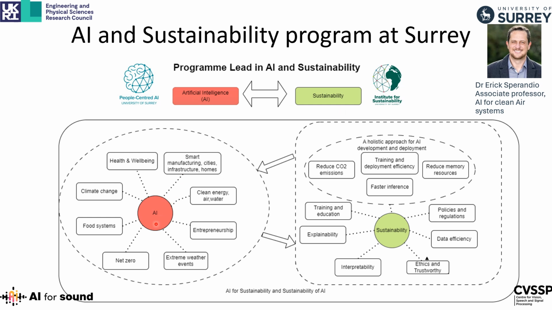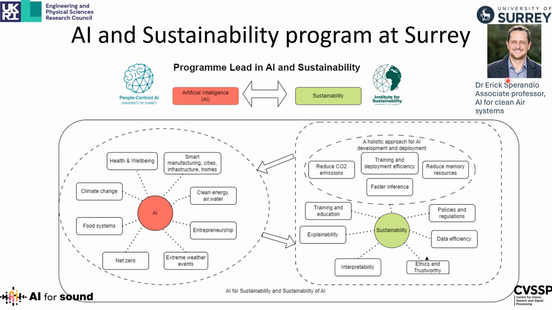For example, AI can be used for sustainable applications, AI for net zero, AI for food systems, AI for climate change. But at the same time, it's important to consider the sustainability issues of AI models as well, which are energy consumption, trustworthiness, explainability, and data efficiency, right?